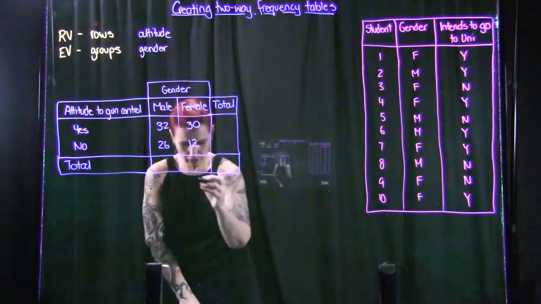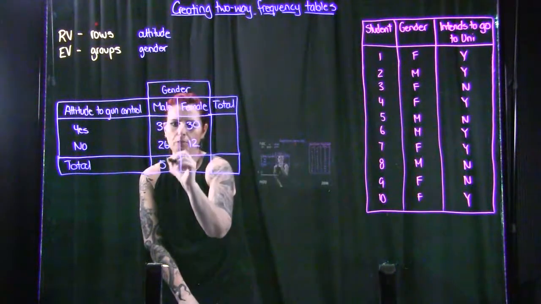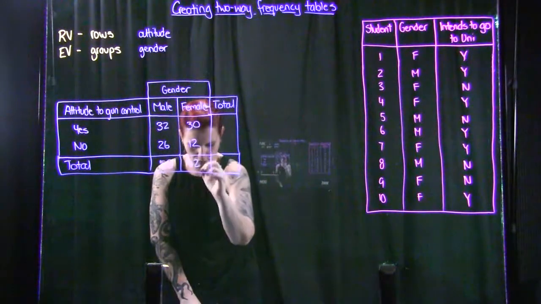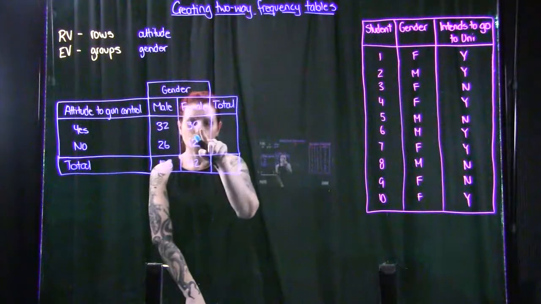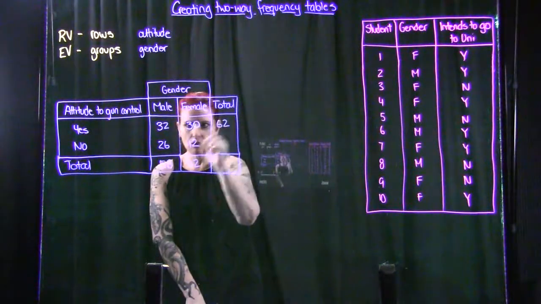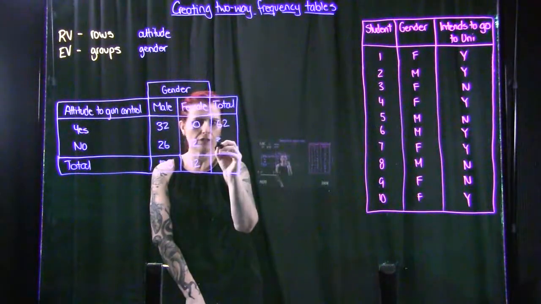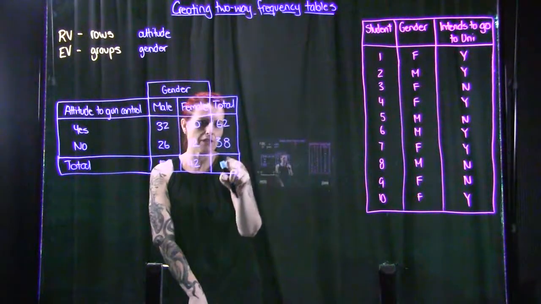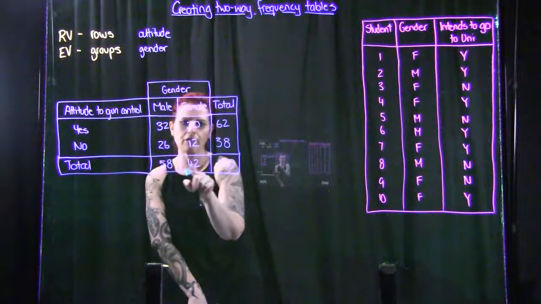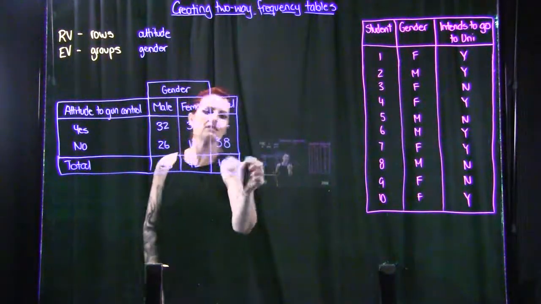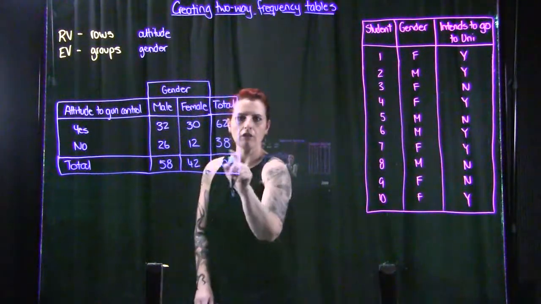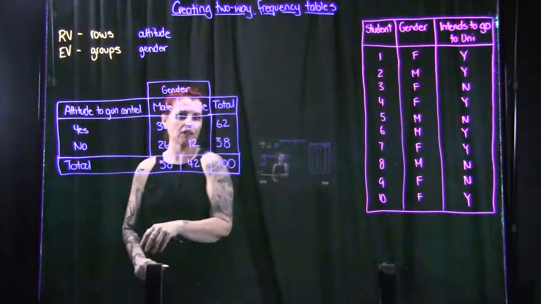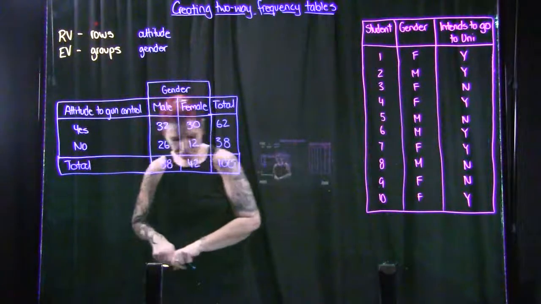So our totals are 32 plus 26 is 58, and 30 and 12 is 42. 32 and 30 is 62, and 26 and 12 is 38. Then if we add 62 and 38 together, we get 100. We double check 58 and 42, yep, 100. That means there were 100 lots of data in this survey, so 100 people altogether, split male and female.